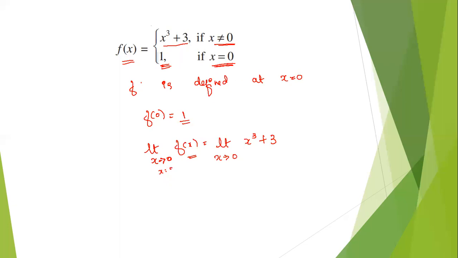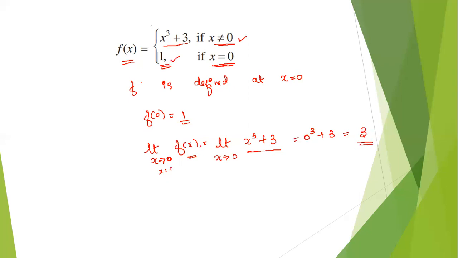So for other than 0, what is the value? We get x cube plus 3. If x is equal to 0, then only it is 1. For values other than 0, we have x cube plus 3. So x tending to 0 means it is very close to 0, but it is not 0. So we are taking this x cube plus 3. So here when you substitute, what you get? You get it as 3.